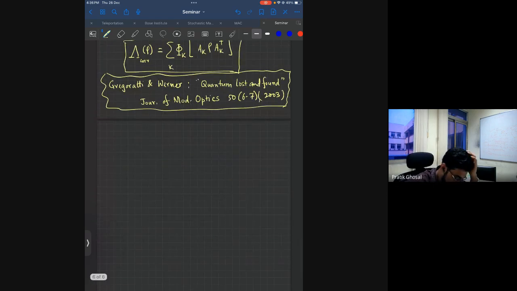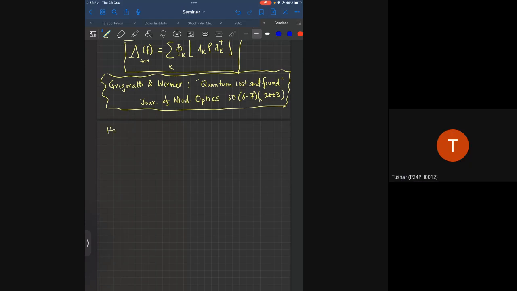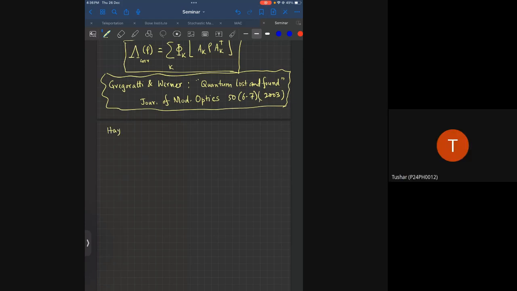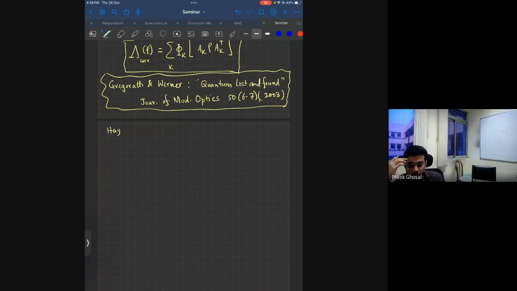Now after that, Hayden and Keene. Pratik, I have a question. Shouldn't this corrected channel be close to identity or something? We are correcting the channel, that means we should retain the state. No, it depends. How much information you will be able to recover by this protocol depends on the particular channel being considered.